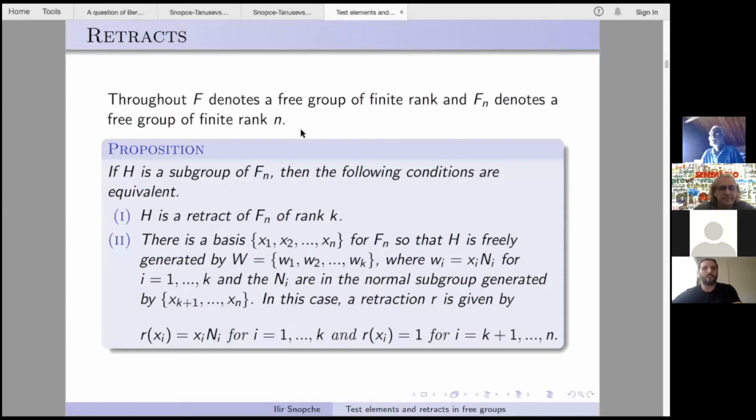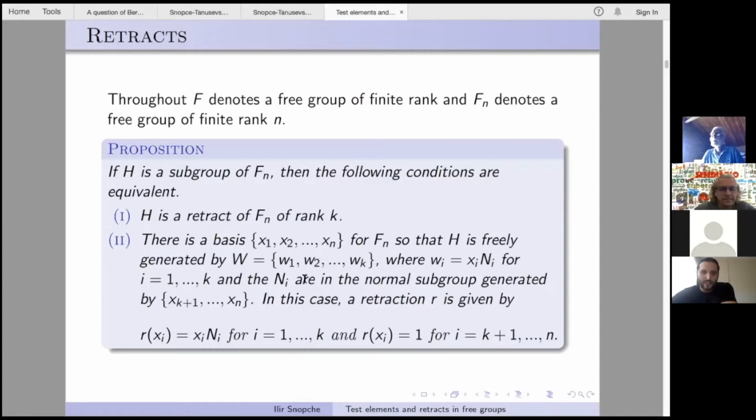Now we have the following proposition. This proposition is an exercise in the book of Magnus, Karrass and Solitar. What does it say? If H is a subgroup of F_n, then the following conditions are equivalent. H is a retract of F_n of rank k, and there is a basis x_1, x_2, ..., x_n for F_n so that H is freely generated by W, consisting of W_1 up to W_k, where W_i is x_i n_i.